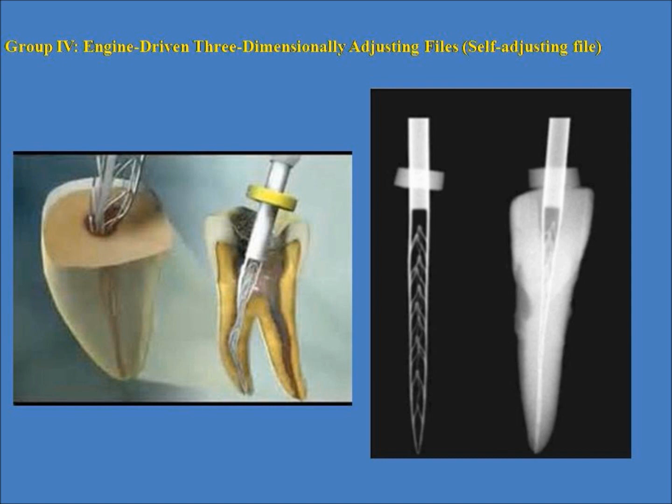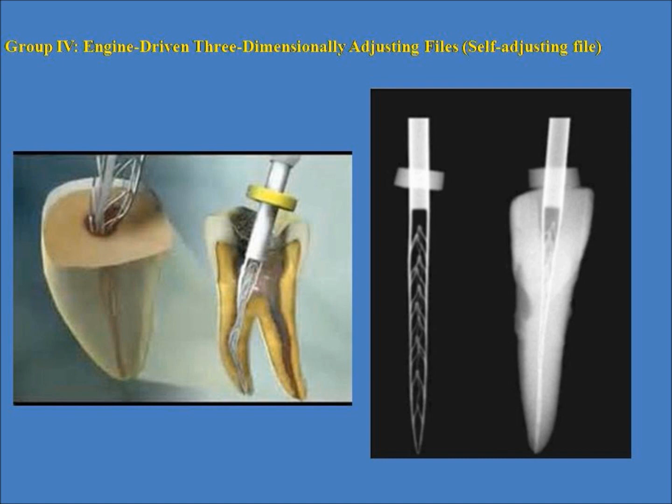The file is compressed from its 1.5 mm diameter into dimensions equivalent to those of an ISO 25 K file. The handpiece generates in-and-out vibrations at 5000 vibrations per minute and 0.4 mm amplitude.